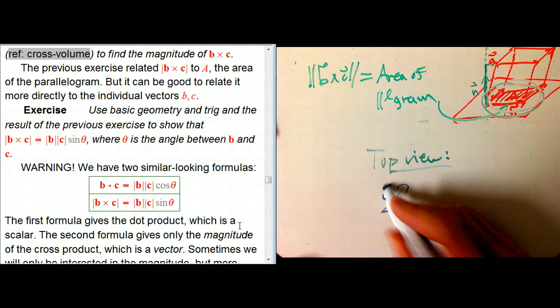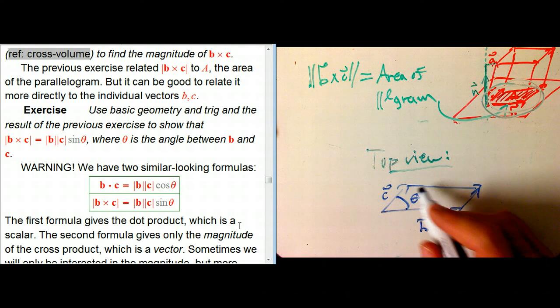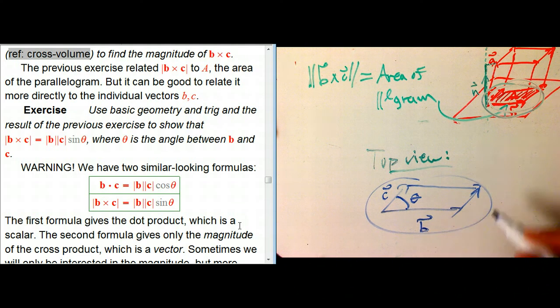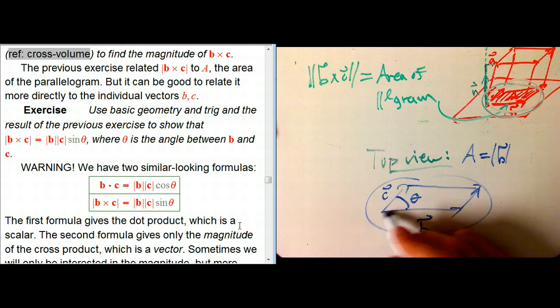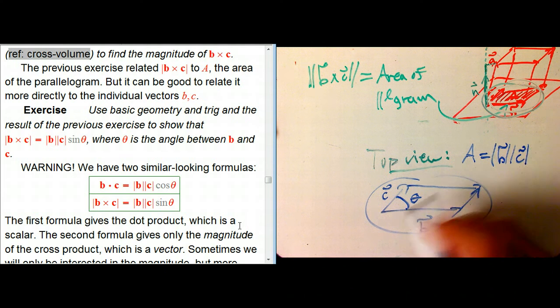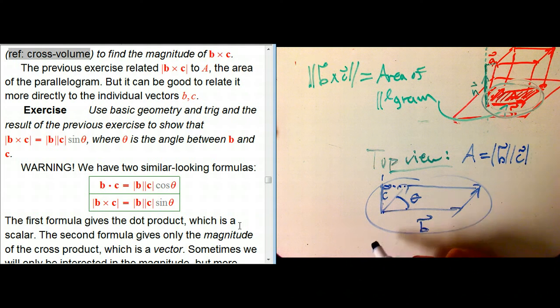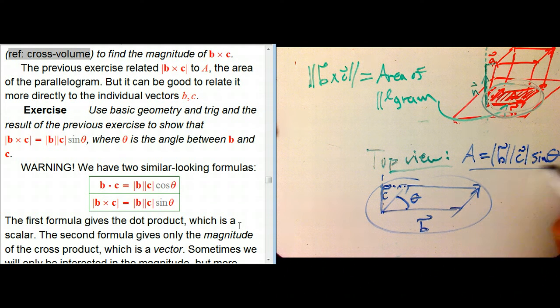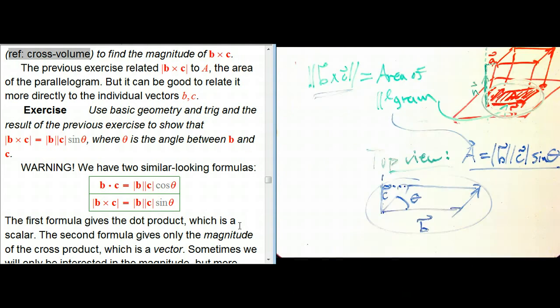If this is B and C and this angle is theta, then we can look at geometry again to say the area here is just how long. Now, this is the base of a parallelogram, not just a three-dimensional box, times the projection of C on the direction here, and that's just going to be B C sine theta. And that is the magnitude of the cross product.